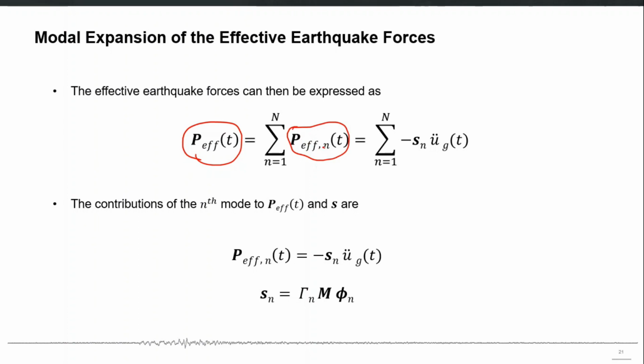So we have expanded the total earthquake force, which is randomly distributed along the height, into contributions of the modal effective earthquake forces. Each modal effective earthquake force will have the same pattern as that particular mode shape, as shown by the figure which I show next, right?